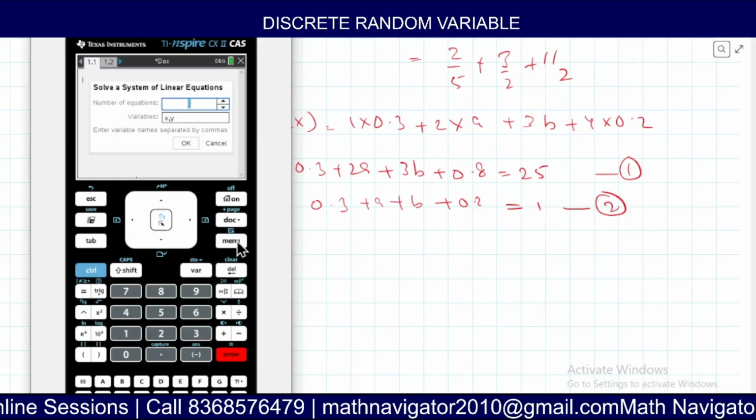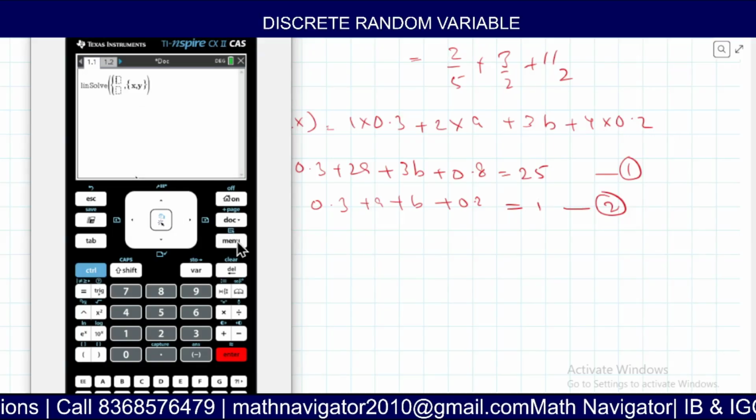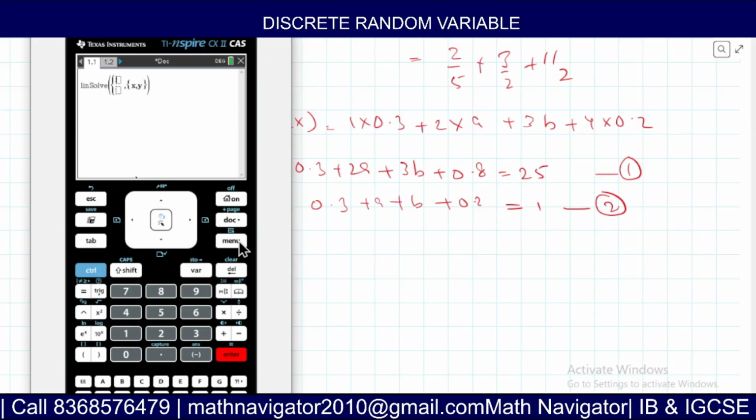Number of equations, two, variables x and y, very good, tab, enter.